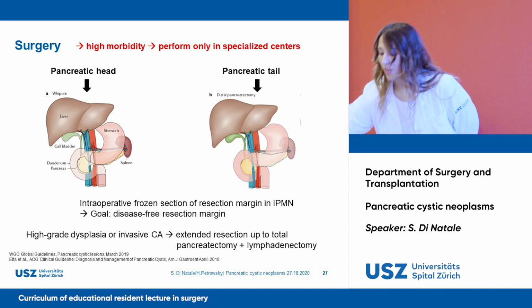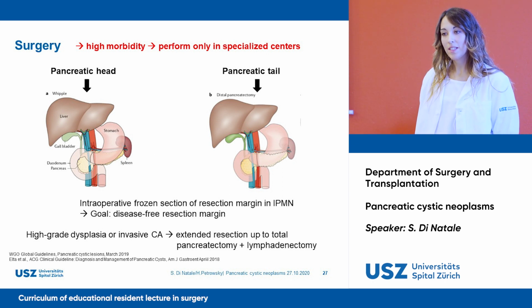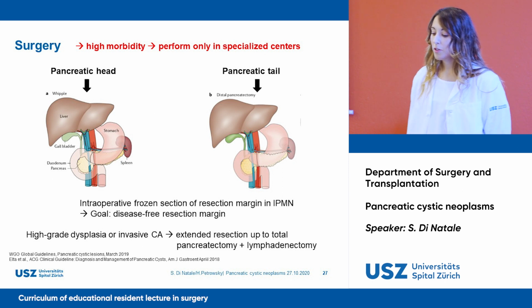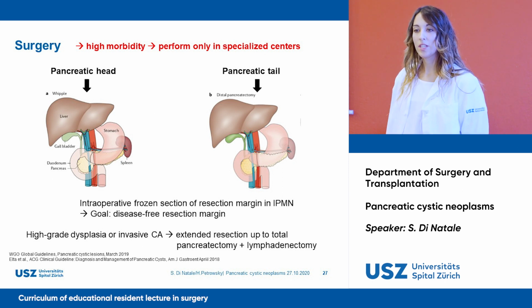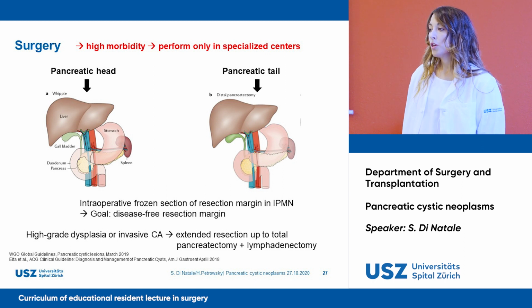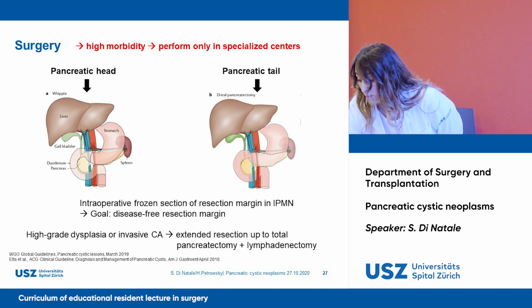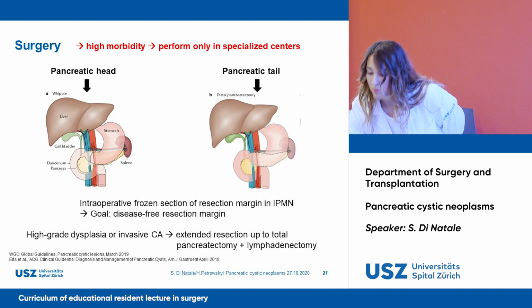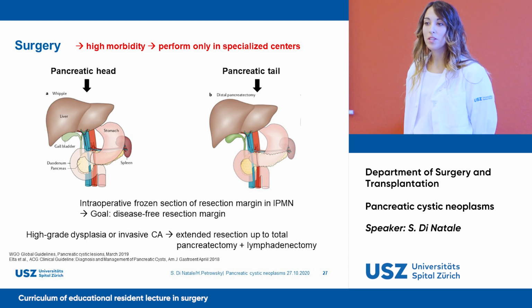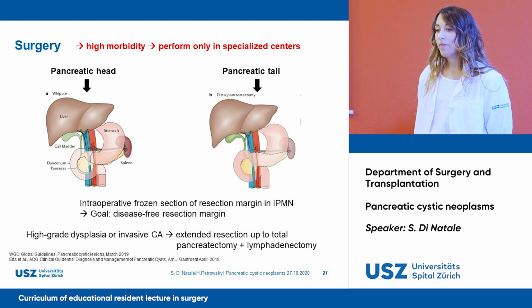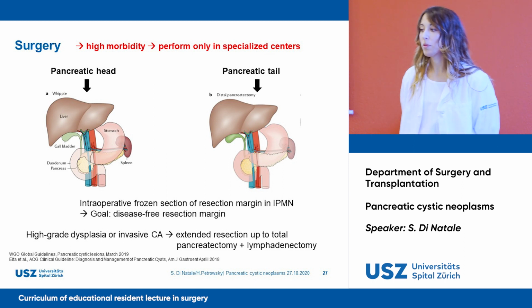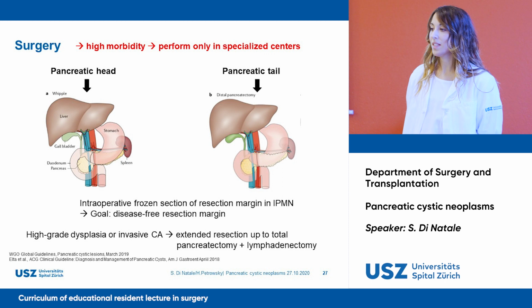In case of high-grade dysplasia or invasive carcinoma, an extended resection up to total pancreatectomy and lymphadenectomy should be performed. Now remember that these surgeries have a high morbidity as well as quite a high mortality, and that's why they should only be performed in fit patients and in specialized centers.